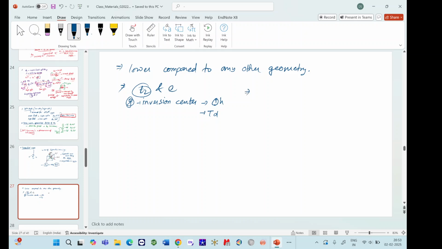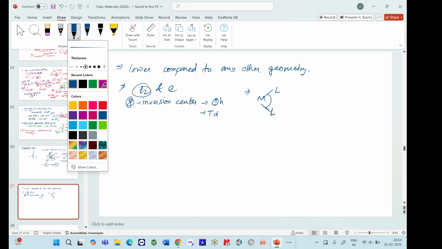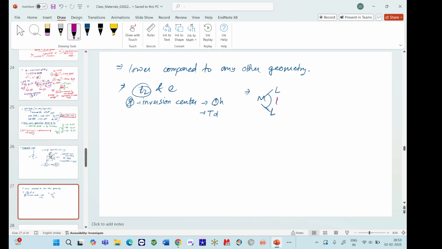So for tetrahedral, this angle will always be 109 degree 28 minutes.